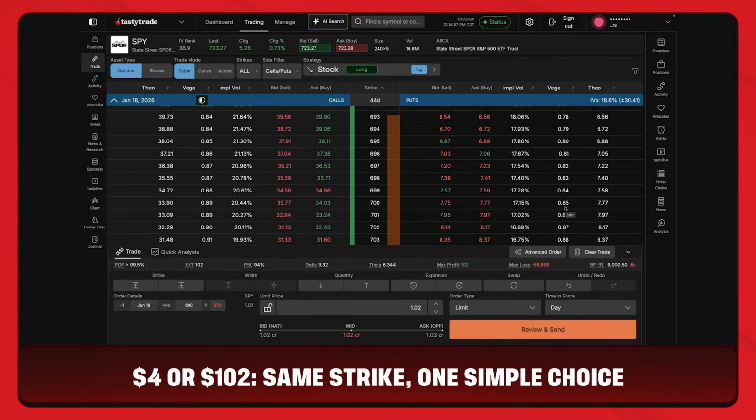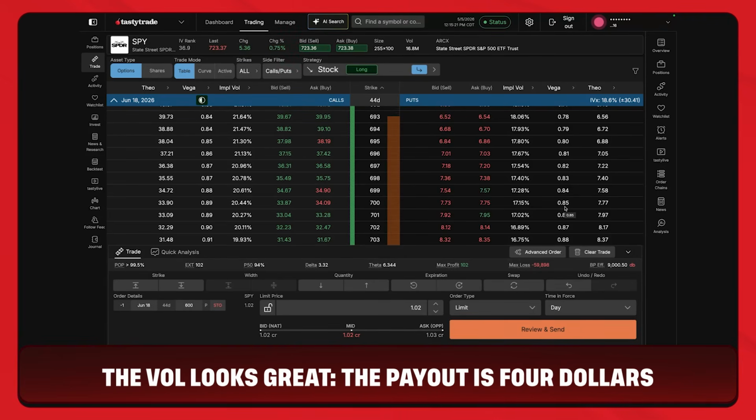Vega decreases as you approach expiration. That's what's happening. So the closer an option is to expiration, the higher its implied volatility has to be to make its theoretical value equal to the market value. And when the market value of an option is 0 or 1 cent or 2 cents, the implied volatility has to be really high to make the theoretical value equal to that when the Vega is very small.